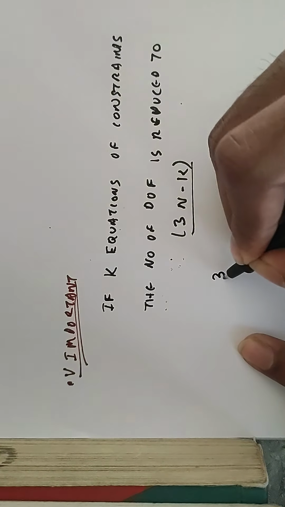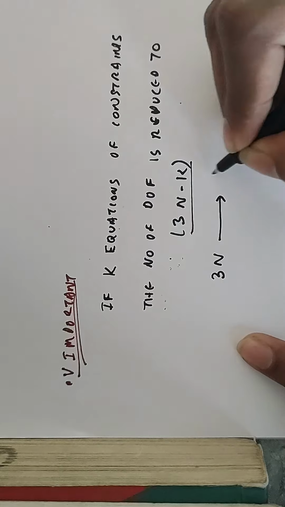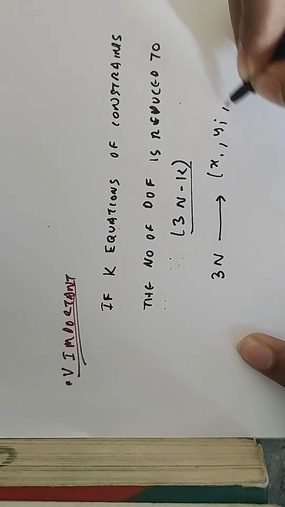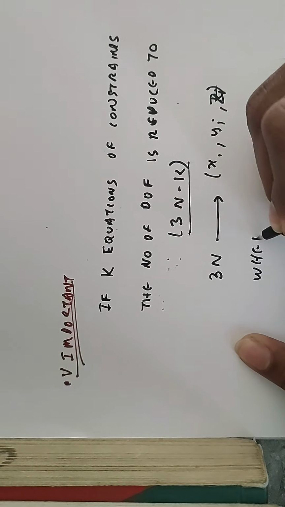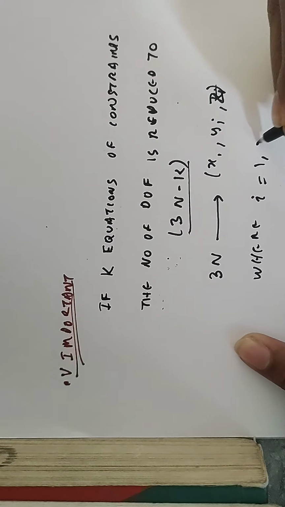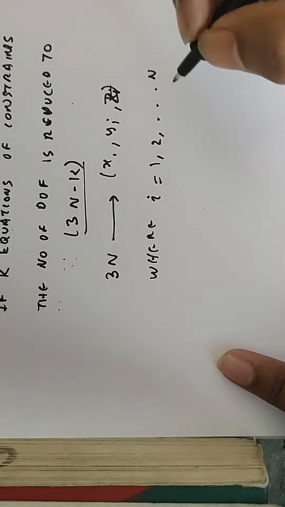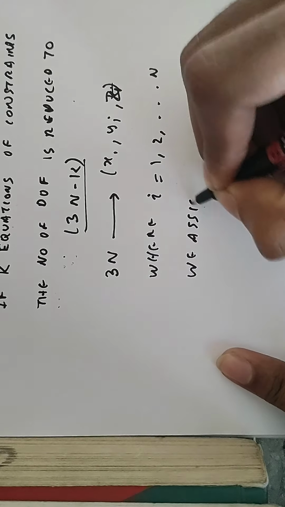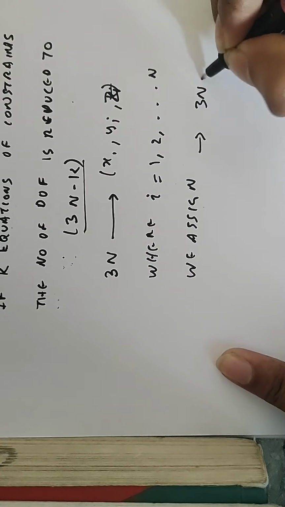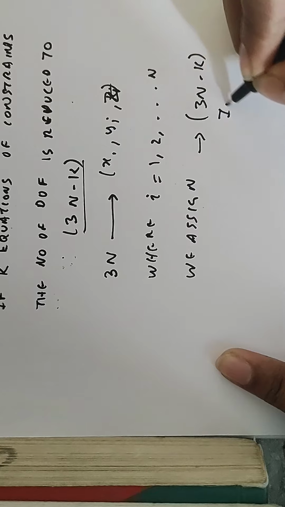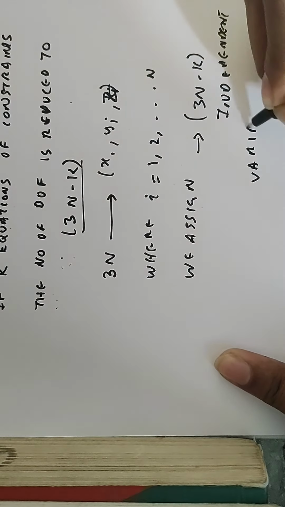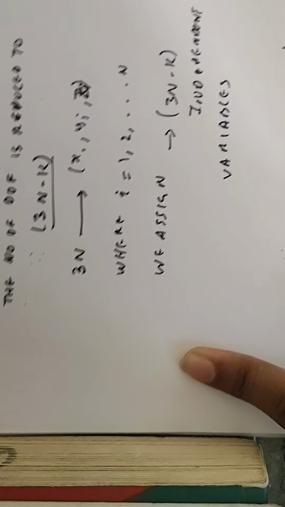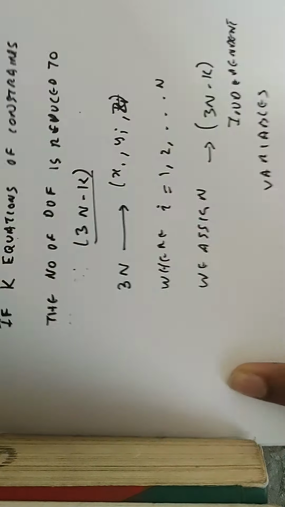Hence, instead of 3n coordinates xi, yi and zi, where i runs to capital N, we assign 3n minus k independent variables. So let me summarize this.